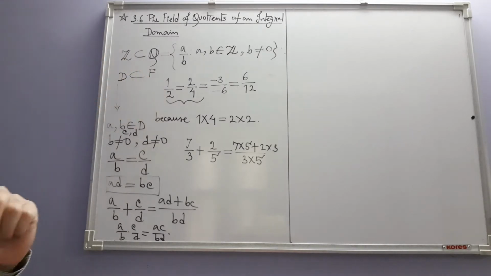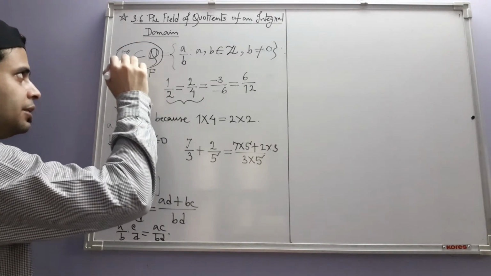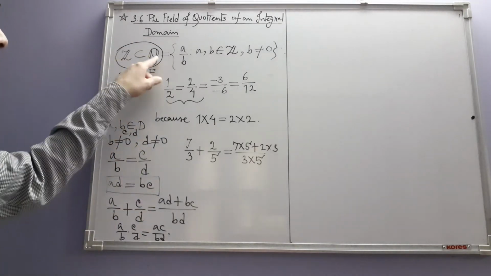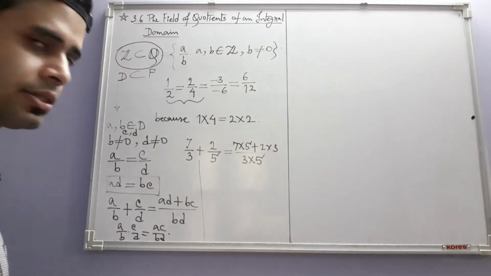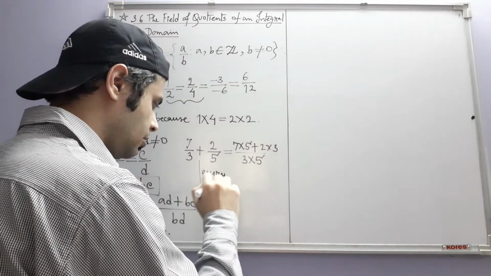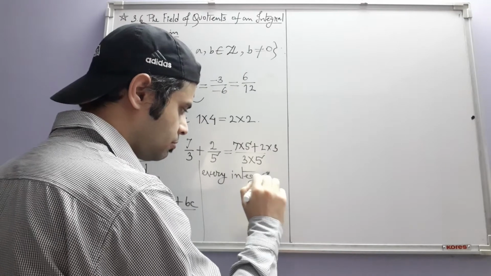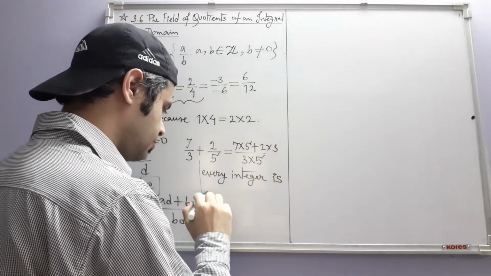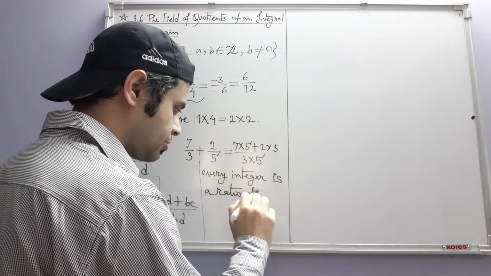But then comes another point which is in fact somewhat more subtle. Although we write that the system of integers is a subset of the system of rational numbers, in fact, we sometimes write a statement like this: every integer is a rational number.